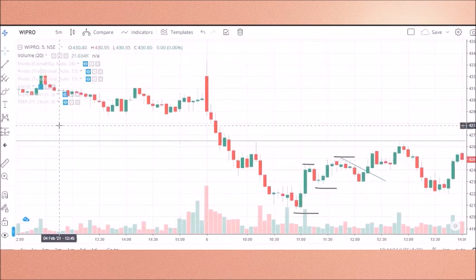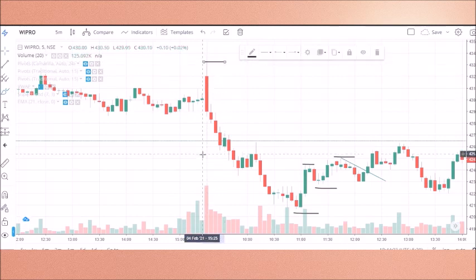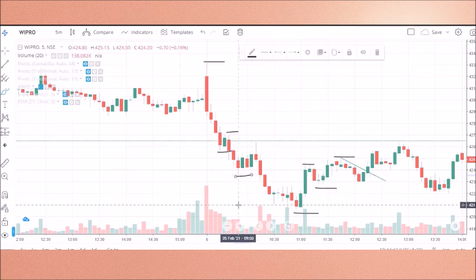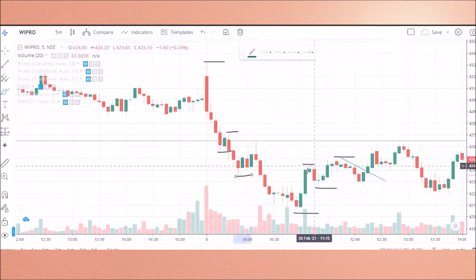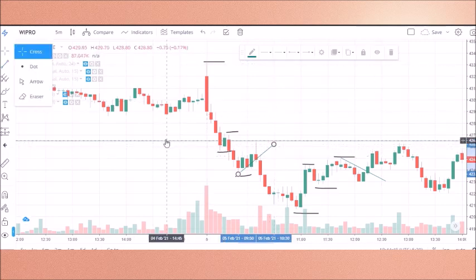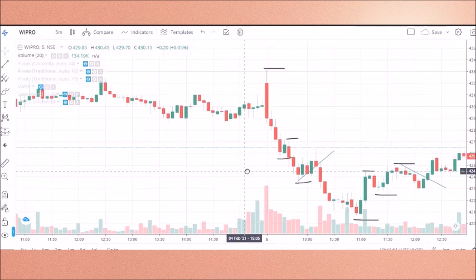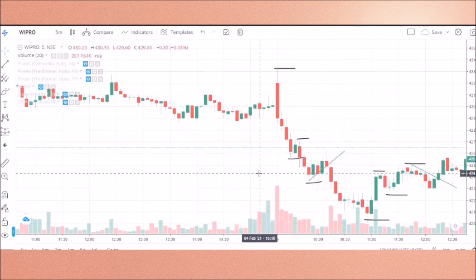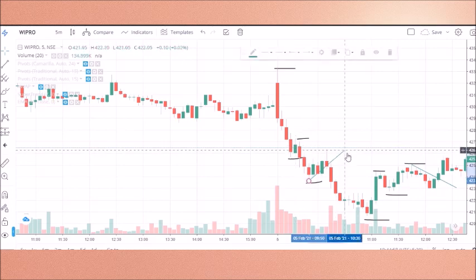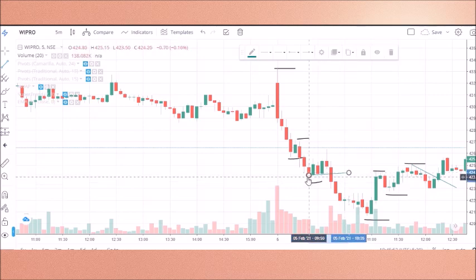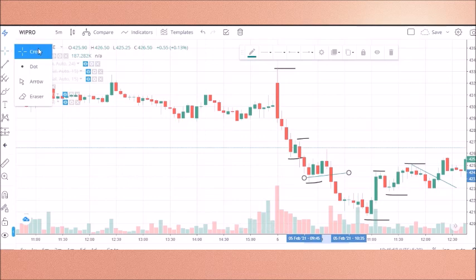Then here if you check, high, low, lower high, lower low, and around this will be your breakout. Now again how to enter, I'll tell you later in the later part. So see here, this will be the breakout. Let's check some more.